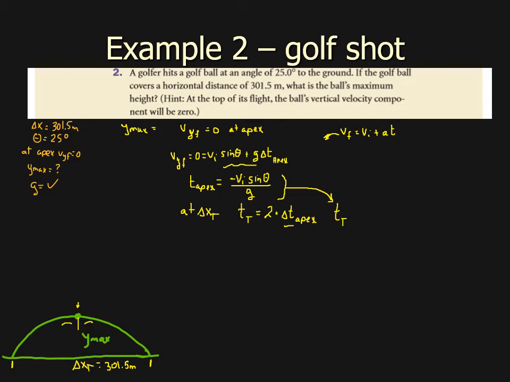The total time is equal to twice the negative initial velocity times the sine of the angle divided by gravity. And you could actually redistribute the negative sign out in front of the 2, which is probably more appropriate. And all I've done is I've just simply substituted in for the apex time. So I'm just trying to get rid of that aspect of it and bring in the whole trip here. And that time covers the whole trip with this information.